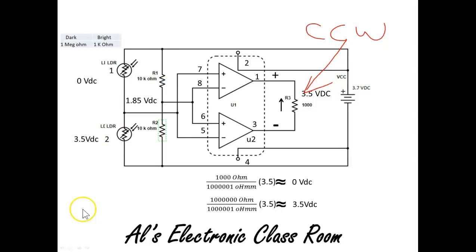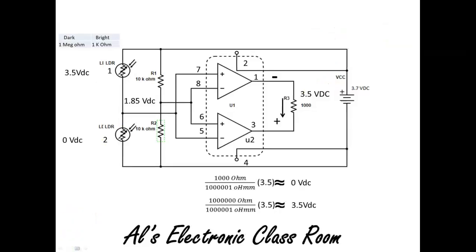Let's stop here and go to the next slide where we reverse these two, and let's see what happens. Okay, now on this slide, all we've done is shine the light on this LDR, which we called LDR2. So what happens? On this one, I get 0 volts, and on LDR1, I get 3.5 volts.